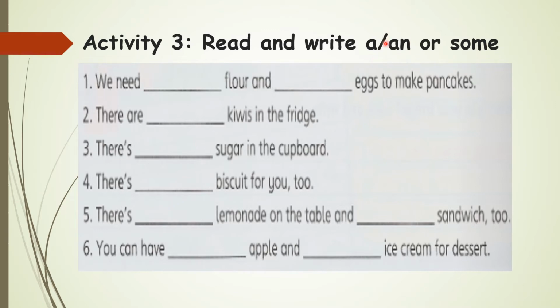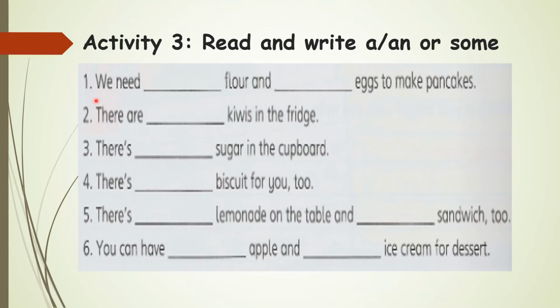But an is for the words that start with A, E, I, O, U. Okay, and then the usage of some. So you need to read the sentence and then try to write the answer.